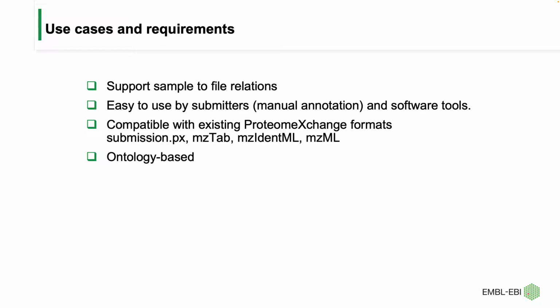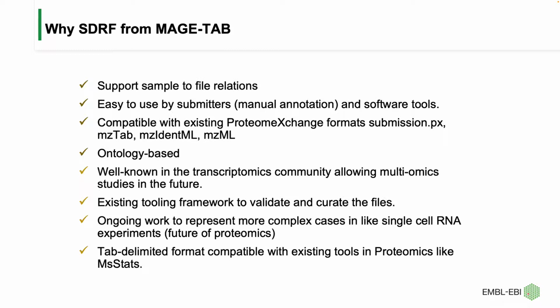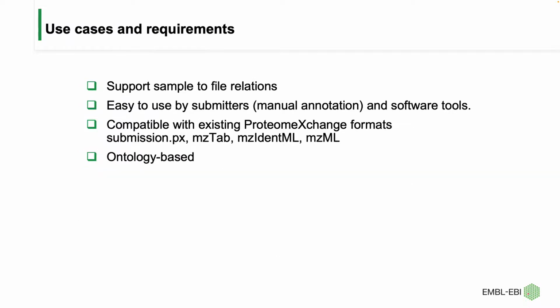What is an ontology? We want every term in the SDRF to be a controlled vocabulary term. For example, if we describe what type of instrument, we want all instruments of the same model to be called in the same way.